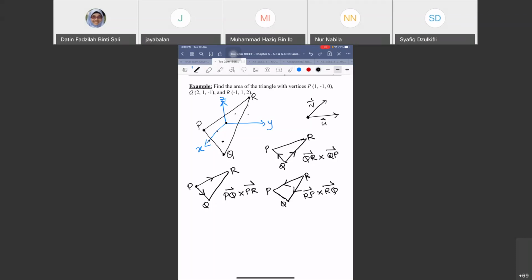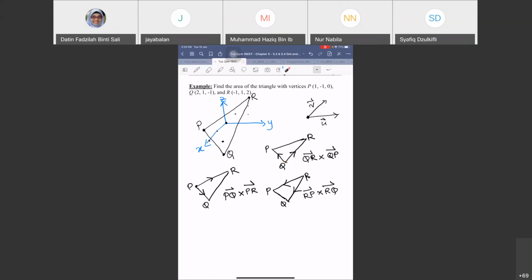And these are not the only possibilities. You actually have another 3 more, pointing in the opposite direction. PQ cross PR, RP cross RQ, QR cross QP, these cross products are all pointing upward. Another 3 possibilities are the ones pointing downward.